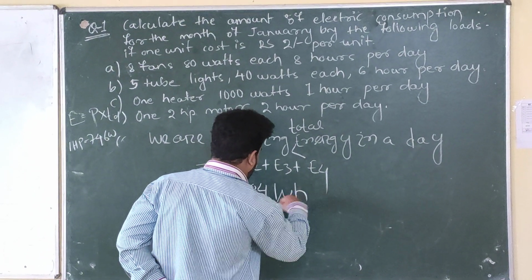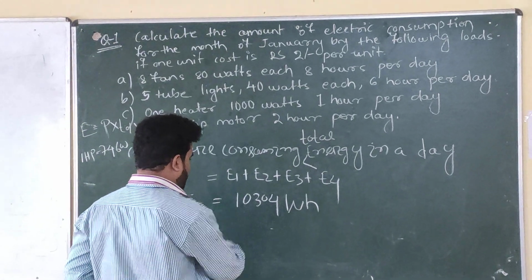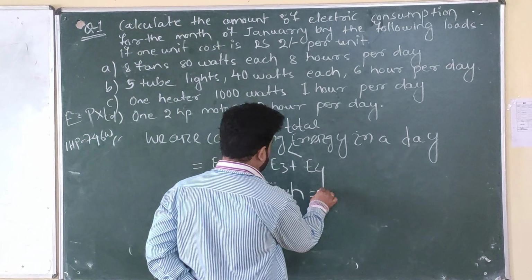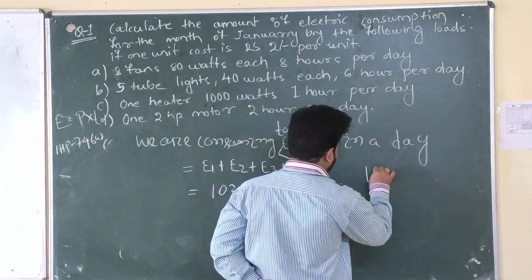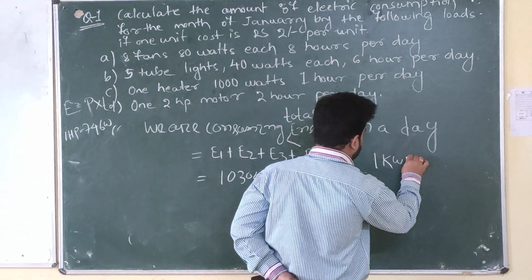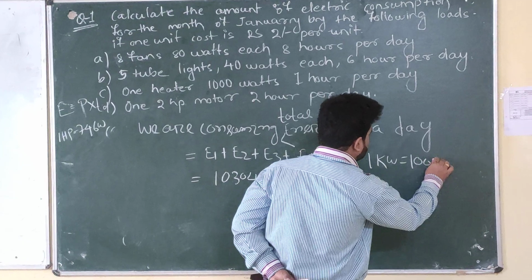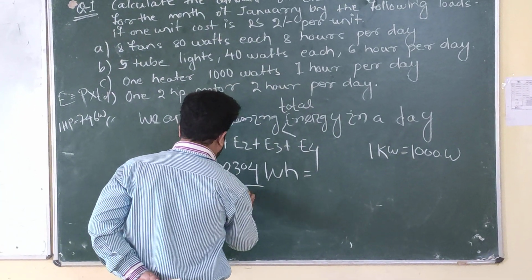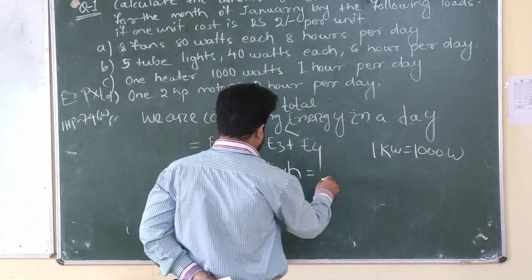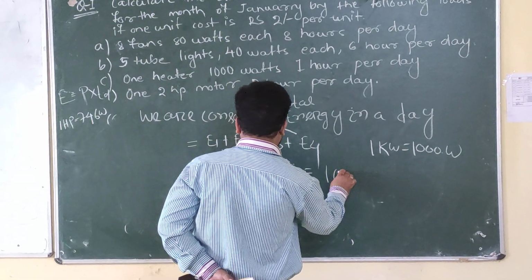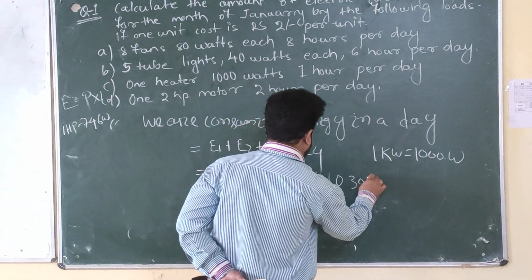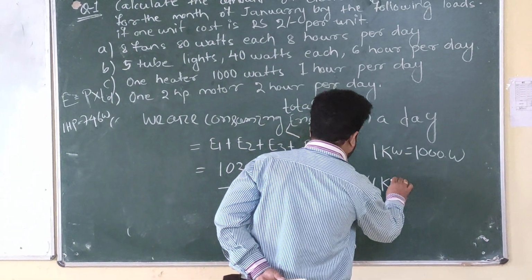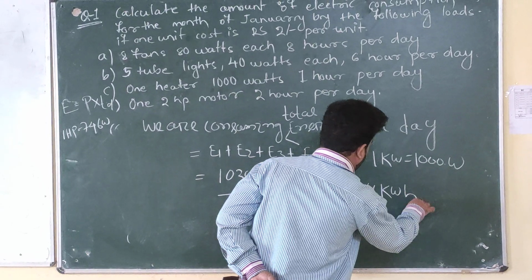watt hour. If you convert to kilowatt hour, we know that 1 kilowatt is equal to 1000 watt, so you just divide by 1000. You will find 10.304 kilowatt hour.